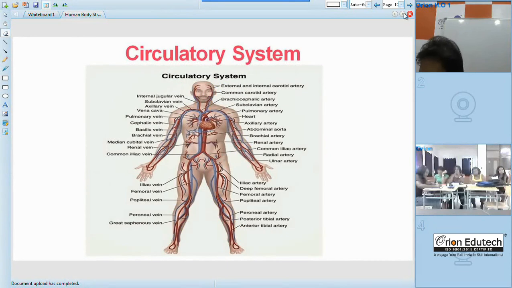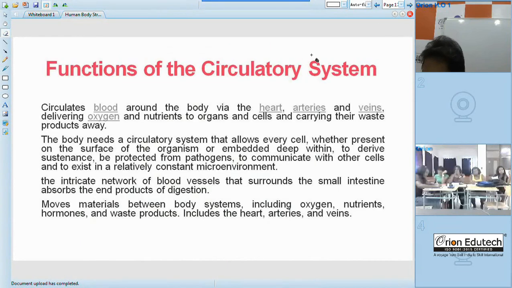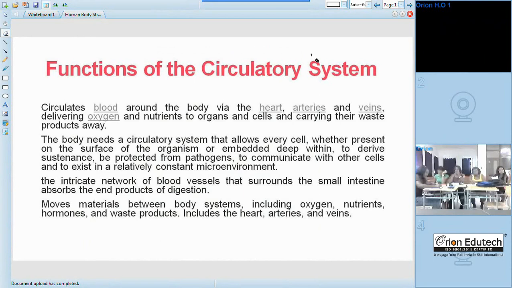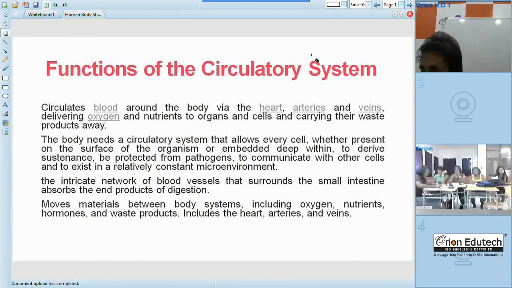The main function of the circulatory system is to circulate blood around the body via arteries and veins, carrying oxygen and nutrients to organs and cells and carrying their waste products away.